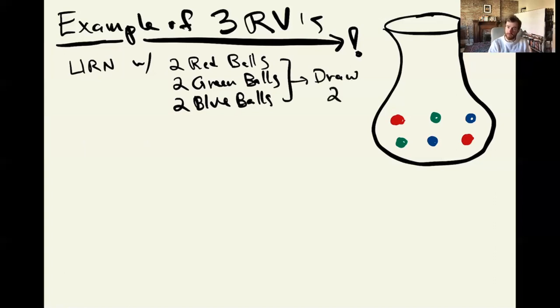That's our experiment, and we want to understand the space of possible outcomes for this experiment.